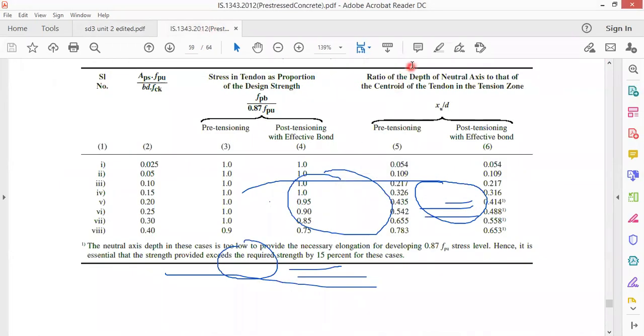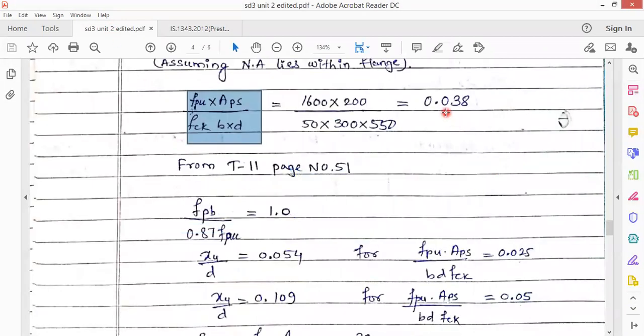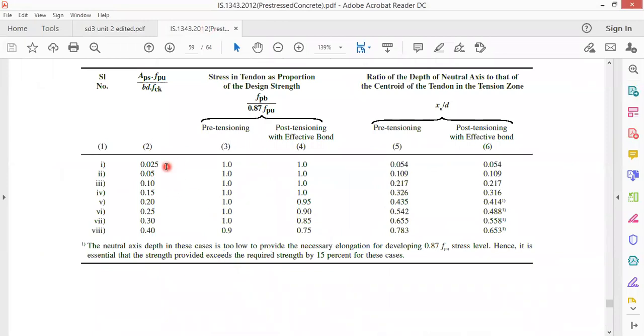So I will obtain that from the IS code. Here I have the value 0.038, but I don't have the direct value. It is between 0.025 and 0.05, right?